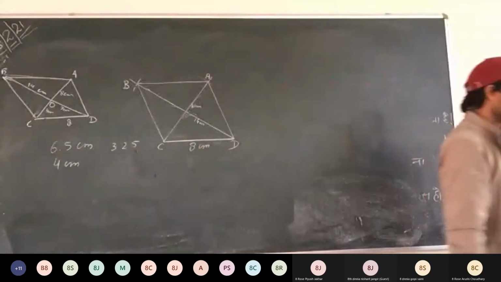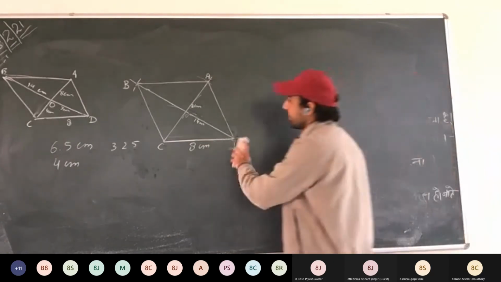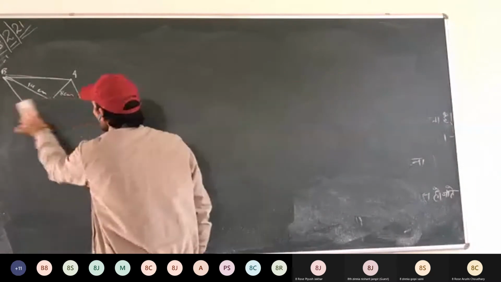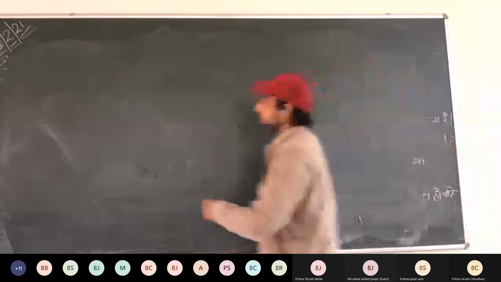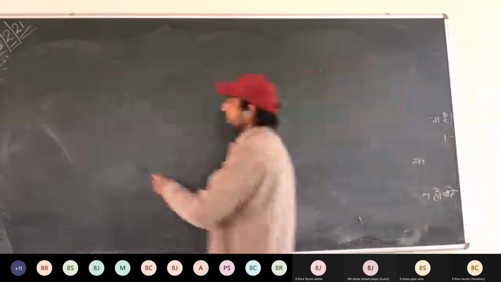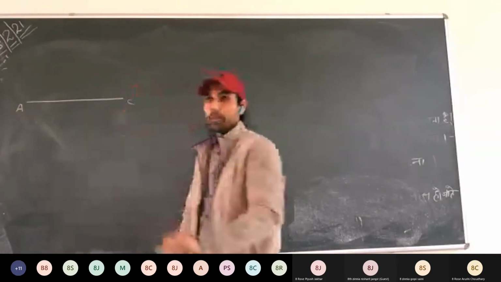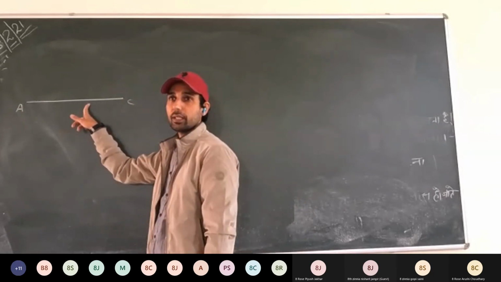No. So we will be bisecting the line. First we'll draw a 6.5 centimeter line and we will bisect it. First I'm drawing the rough figure. Two diagonals are given. One is 6.5 centimeters, so first I draw a line of 6.5 centimeters. These are the diagonals, AC. Diagonal AC is 6.5 centimeters long.